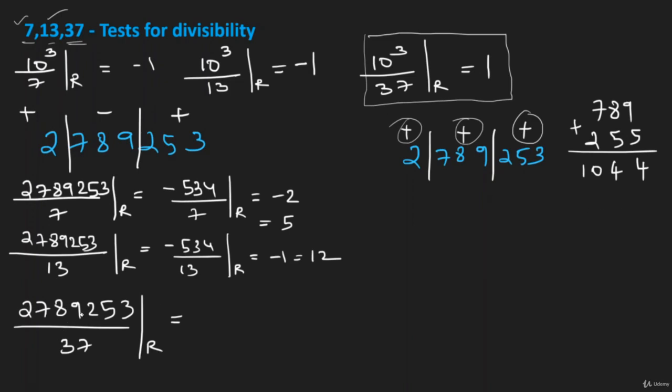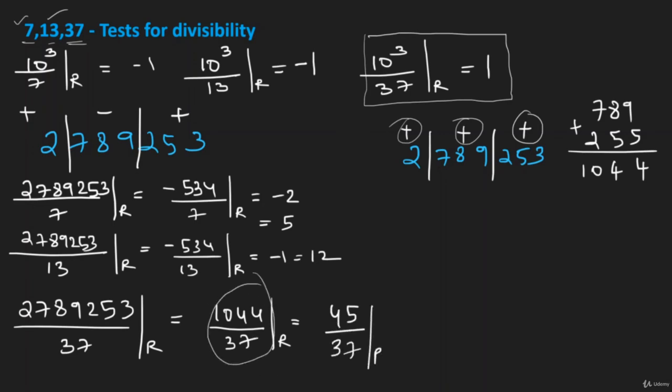So 2789253 divided by 37 and 1044 divided by 37 will have the same remainder. Now this part over here will have the same remainder as 45 divided by 37. Why is that? Because this is a 4-digit number. I can split this also into triplets and give a plus. So this becomes 44 plus 1, which is 45 divided by 37. Now 45 divided by 37 will give you a remainder of 8.